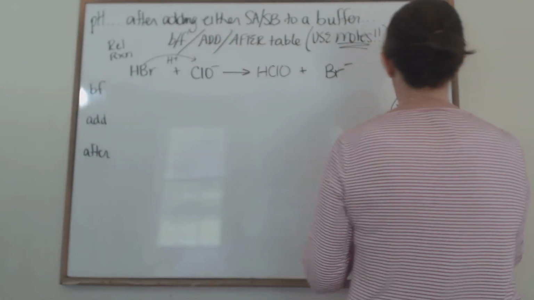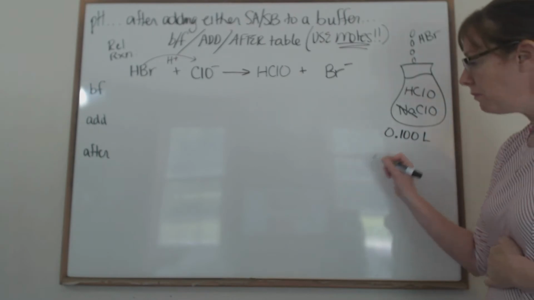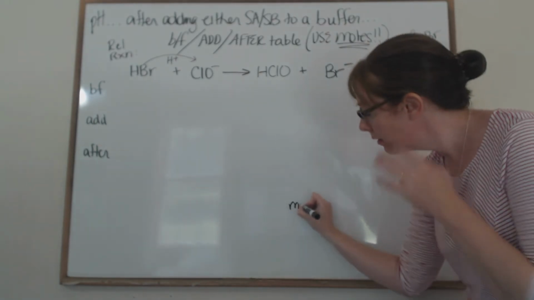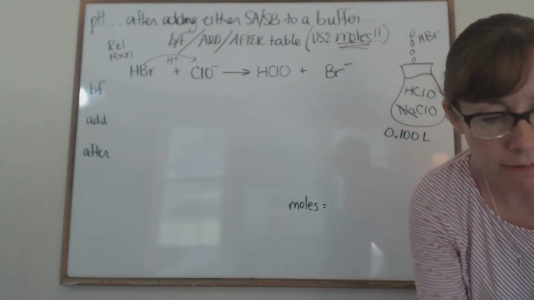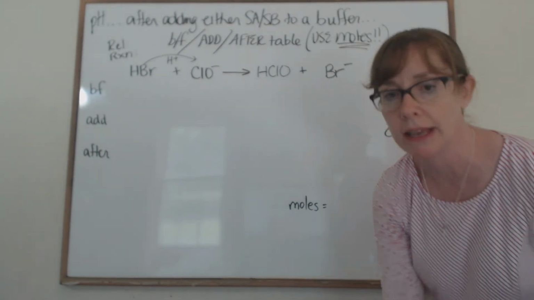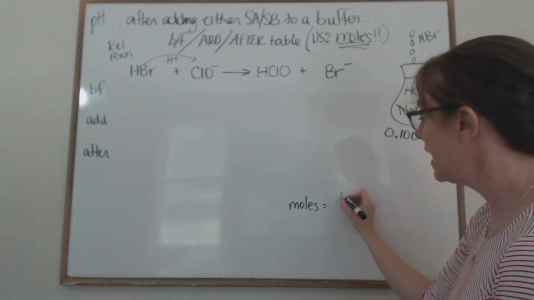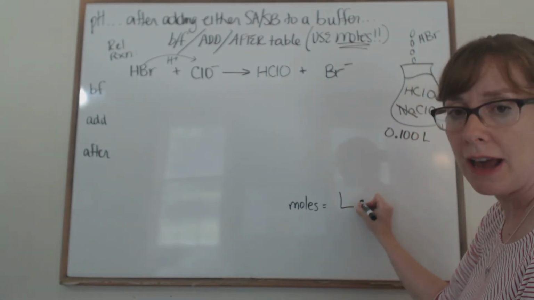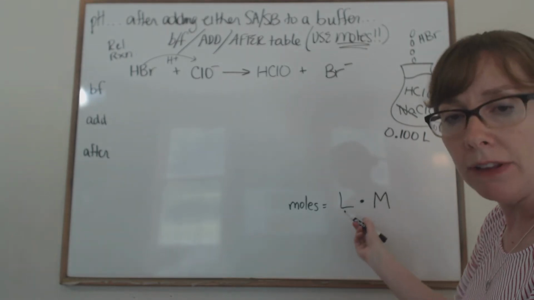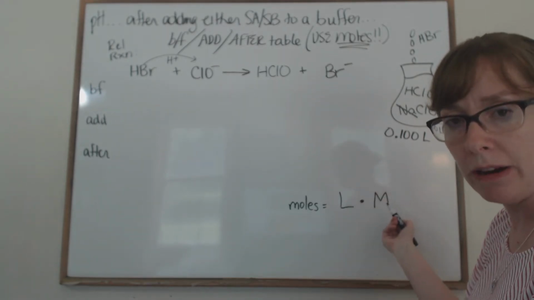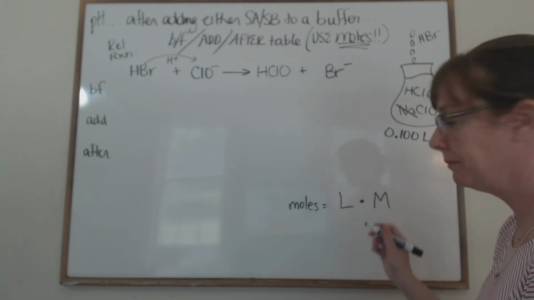The way I would do this, and I think probably the fastest way, is this. To get moles, you're just going to take the liters and times it by the concentration, the molarity. So the amount of liters times the molarity, that's going to get you the moles.